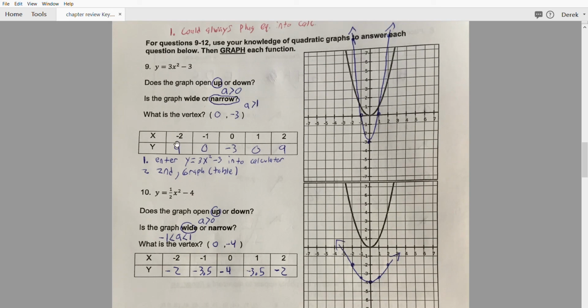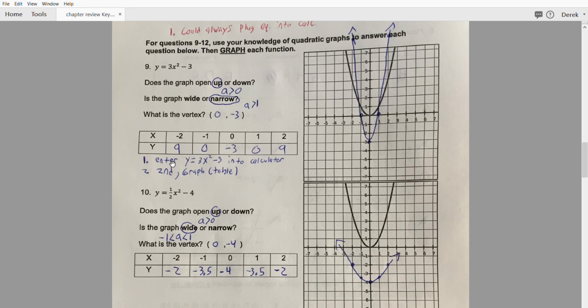The next part is another calculator thing I'll show you how to do. We're going to find the table here, plot the points, and then get our vertex. The first thing we have to do is enter our equation into the y equals on our calculator. Then you're going to hit graph, which is in that top right corner.